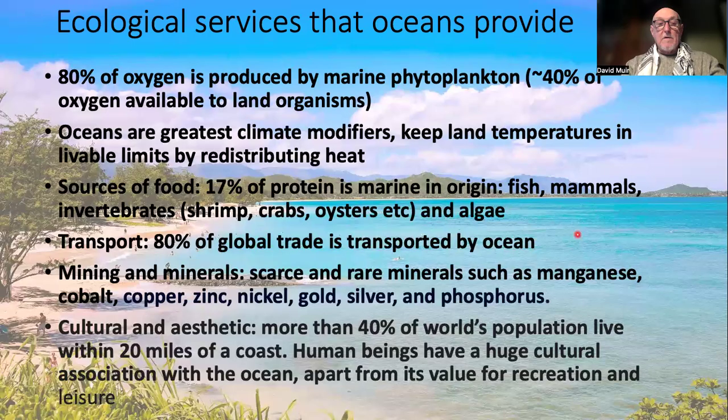Things like cobalt, copper, nickel, even precious metals like gold and silver, phosphates, all of these things are extremely valuable in commerce. And these resources currently are not heavily exploited, but with the development of technology, these are beginning to be exploited, and with some really drastic consequences for the oceans.